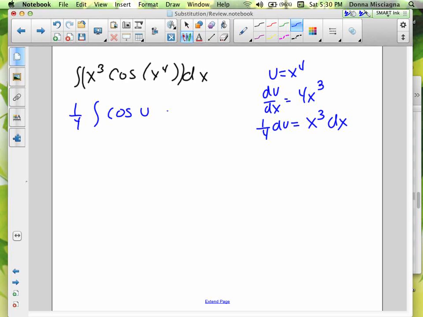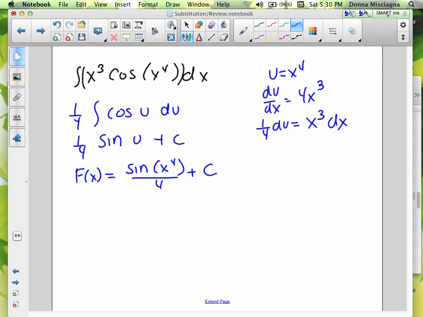And then that would be du. So this is just going to be 1/4 sine u plus c, and replace. So f of x equals sine x to the 4th all over 4 plus c.